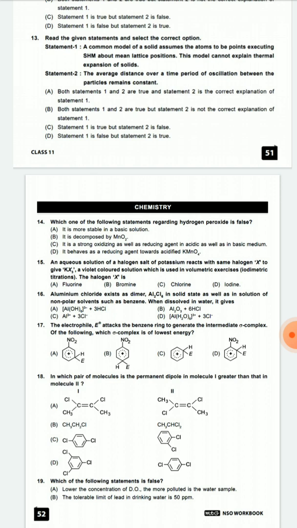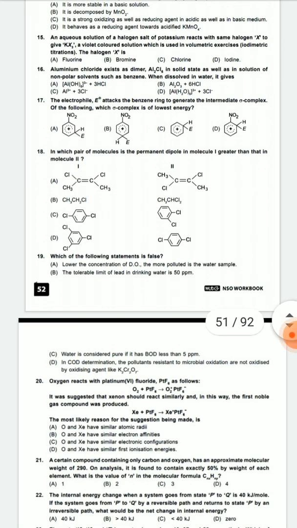Come to the next question, number 18. In which pair of molecules is the permanent dipole moment of molecule 1 greater than that of molecule 2? Option A is ClCH3C double bond CClCH3. Option B is CH3ClC double bond CClCH3, then CH3CH2Cl.